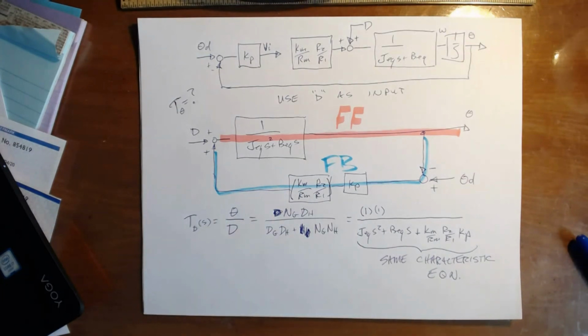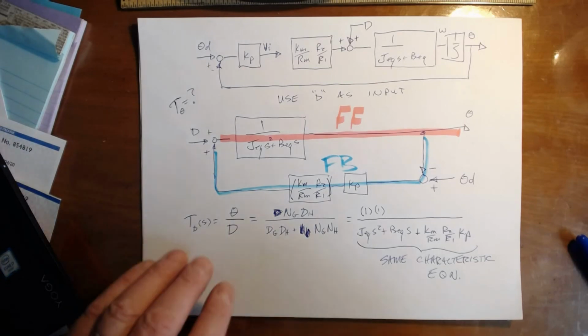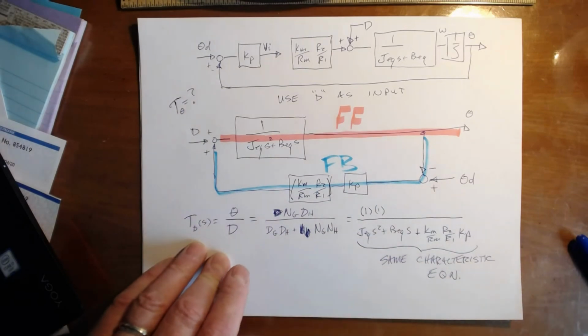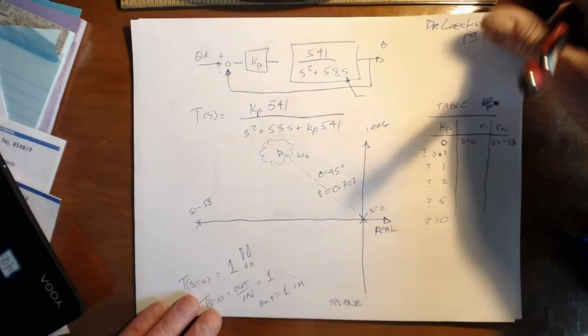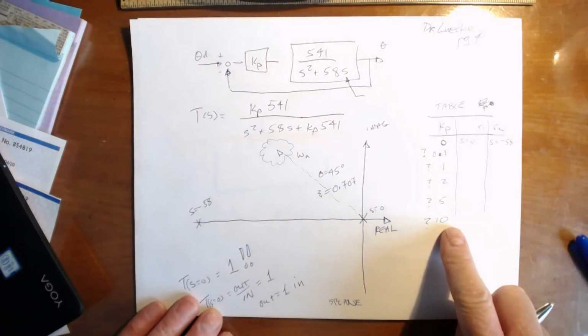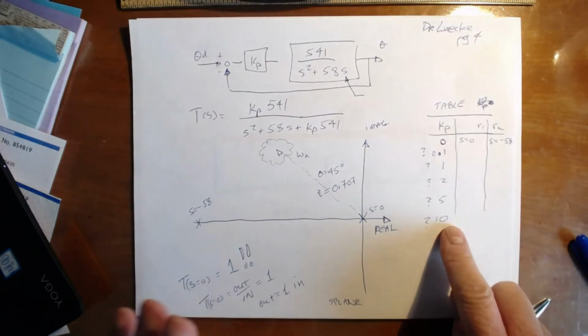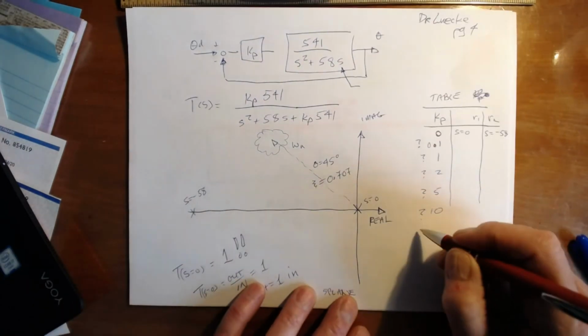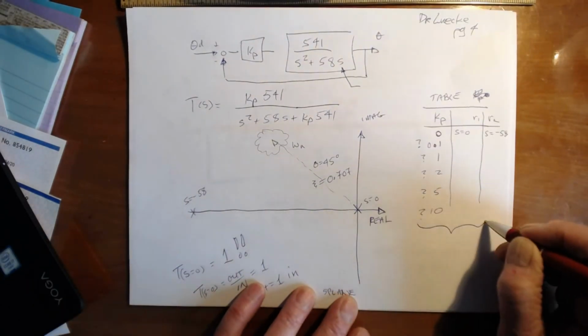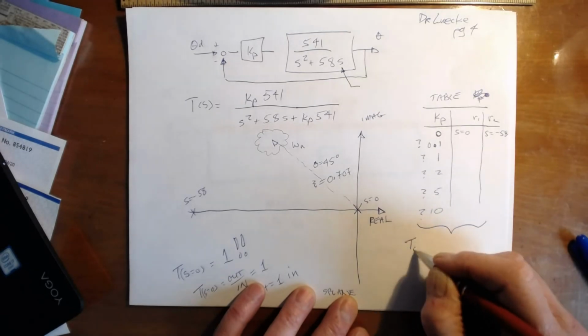And so for each one of these points that we have in our little table, we kind of have to look at two outputs, right? We have to look at T sub theta.